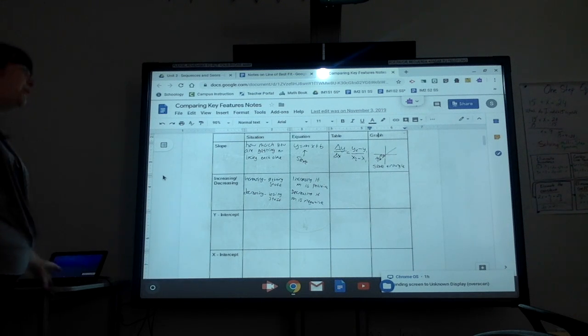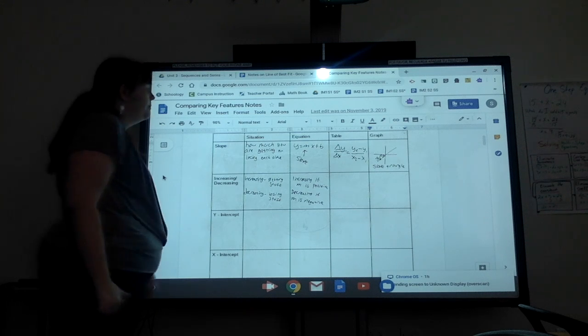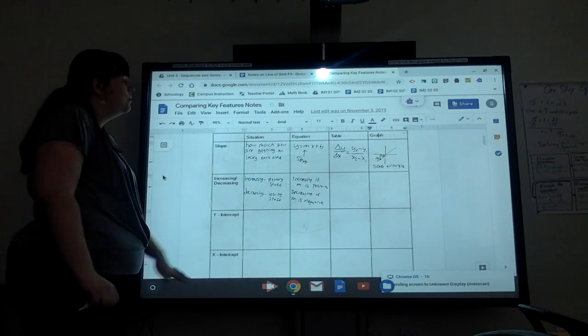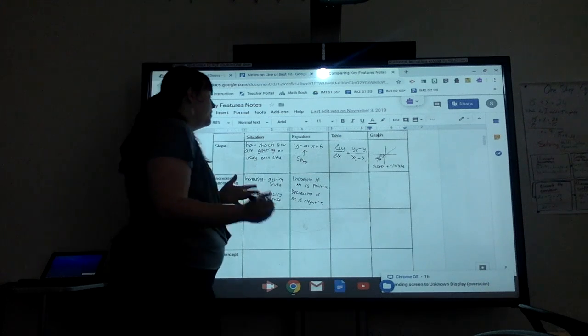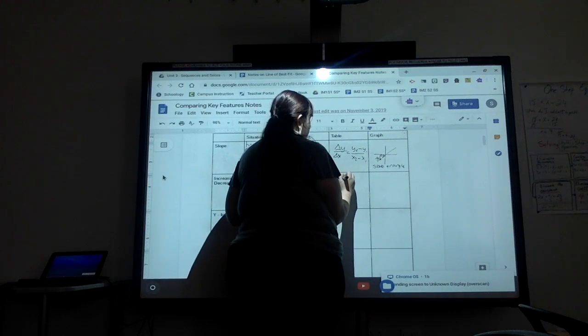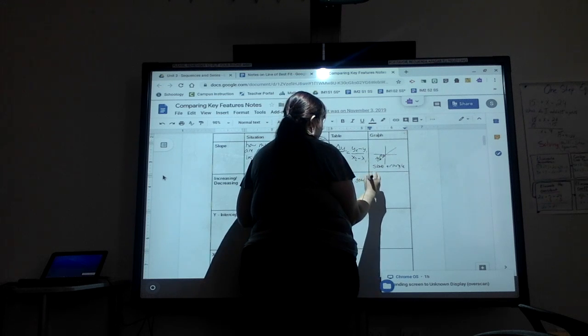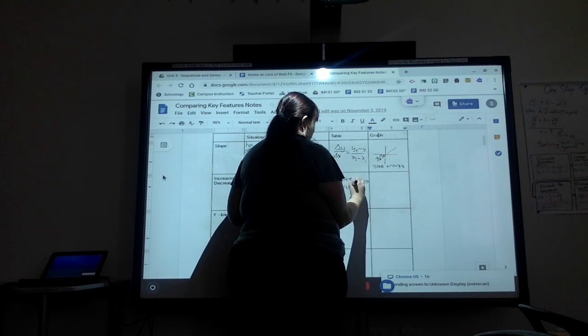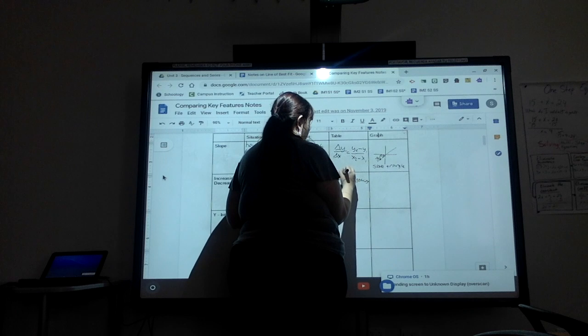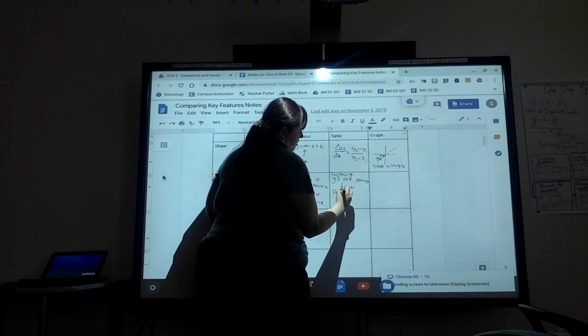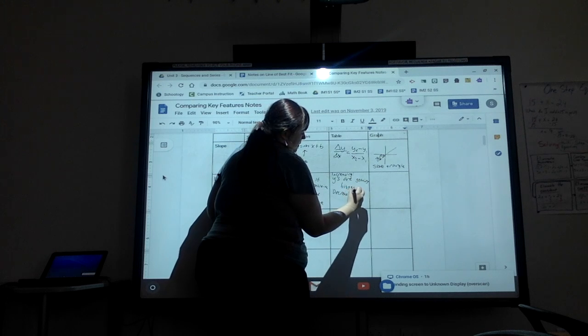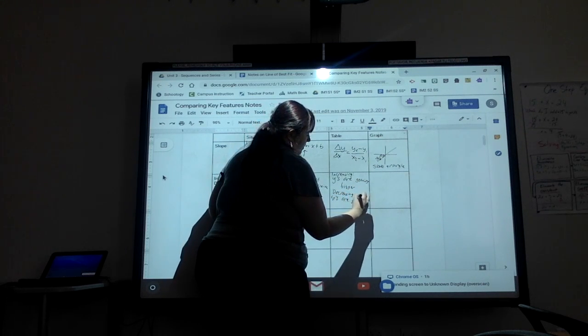So in a table, you could tell really quickly, because remember, y is how much you have. So if your y is going up, then it's positive. So if the y's are getting bigger, then it's increasing. Sorry, I should have written increasing first. And then it's decreasing if the y's are getting smaller.